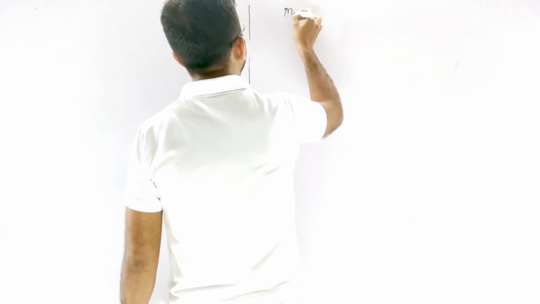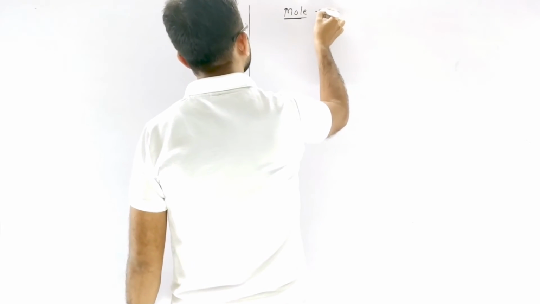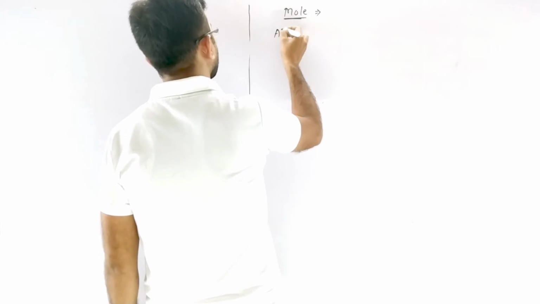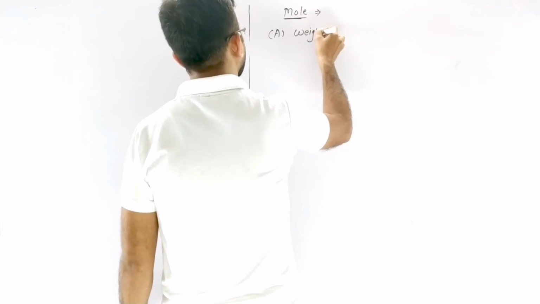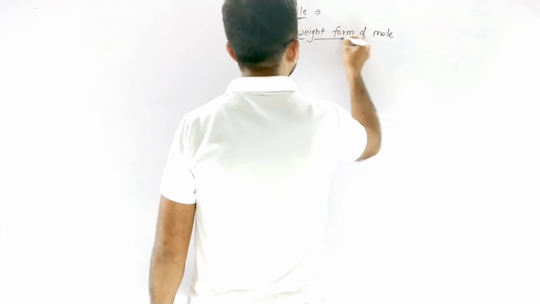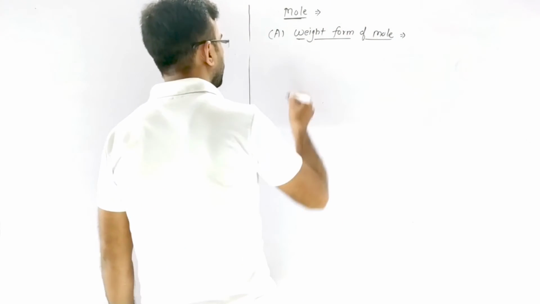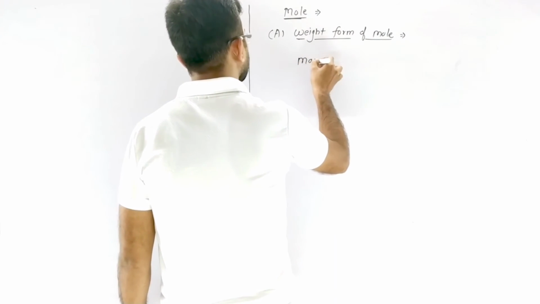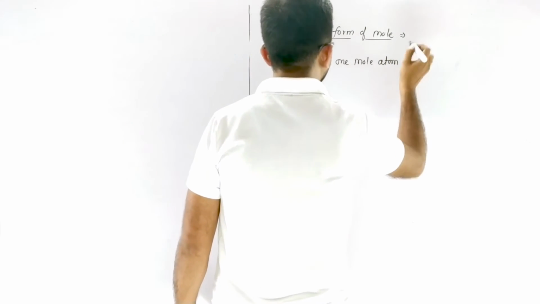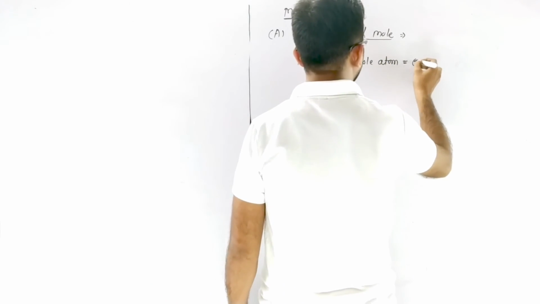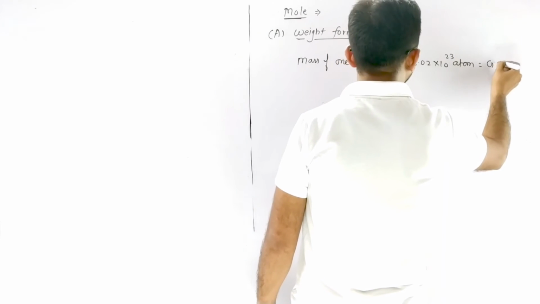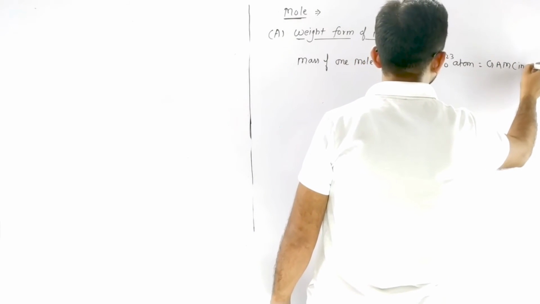Next we discuss mole, and we already said that mole is represented in three forms: weight form, volume form and gas form. So first we discuss the weight form of mole. We already discussed that the mass of 1 mole of atoms is equivalent to 6.02 into 10 to the power 23 atoms, and these atoms have mass equivalent to gram atom mass, which is represented in gram.